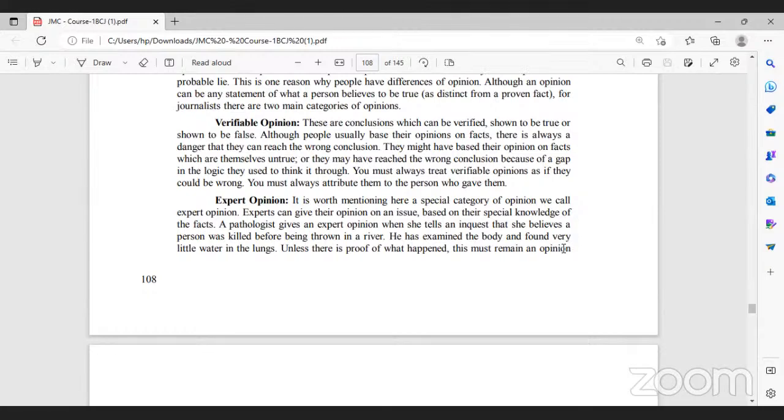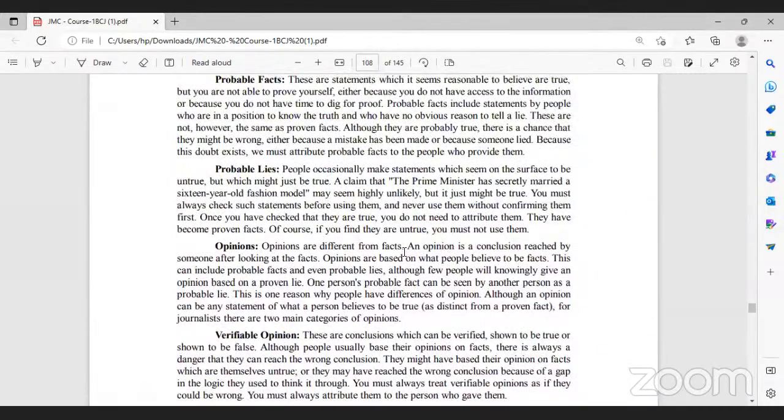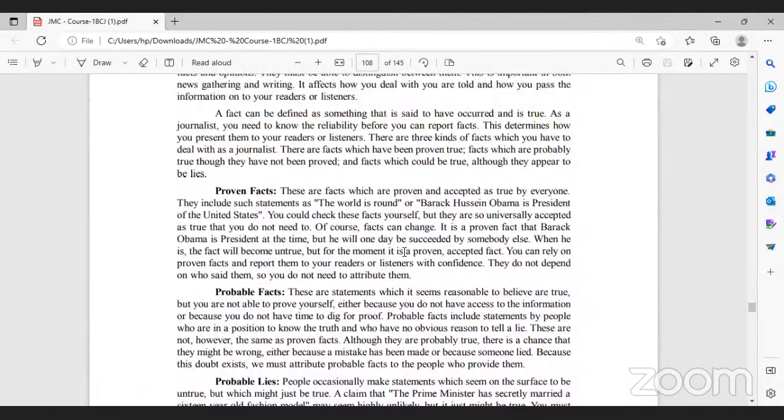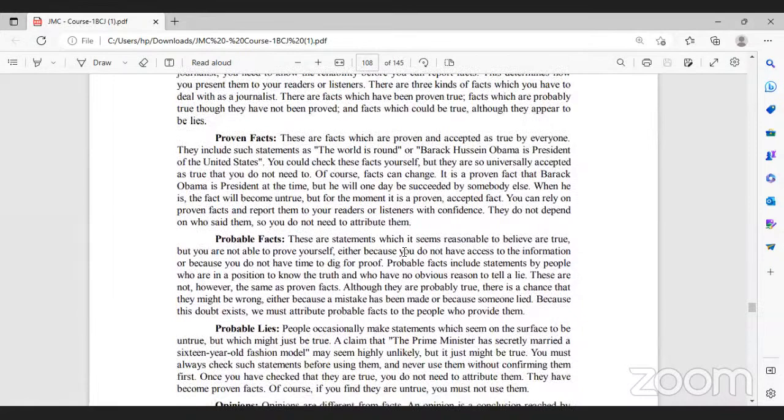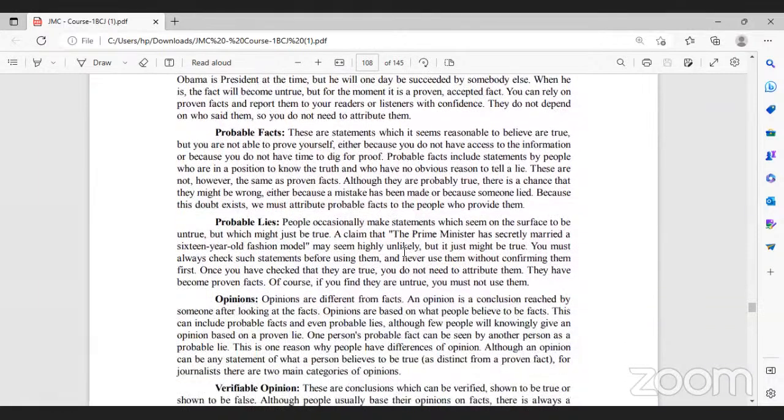So when you have an opinion, that should be verified. If it is judged by the expert, it can be considered for the betterment of the society. Always have proven facts to be considered while reporting probable fact. There is a possibility of having probable facts and probable lies also.